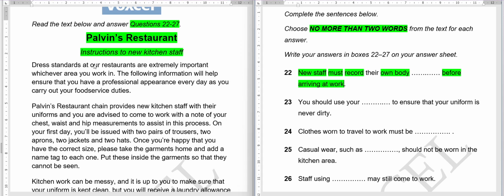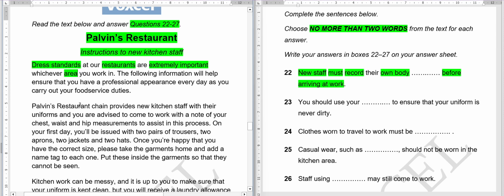Dress standards at our restaurants are extremely important, whichever area you work in. The following information will help ensure that you have a professional appearance every day as you carry out your food service duties. So this paragraph says that dress standards at Palvin are extremely important, whether you are a chef, in the kitchen, or collecting orders.